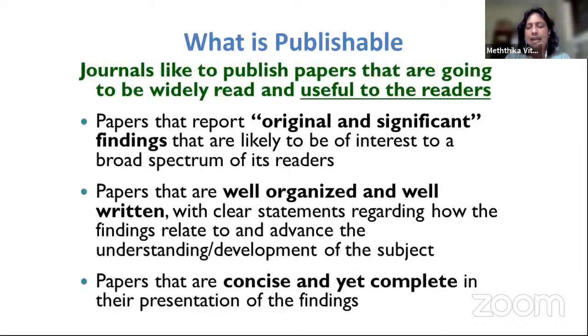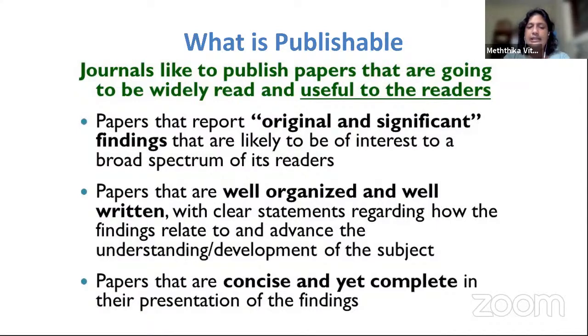Then let's see what is publishable. Nowadays, there are so many journals and so many publications coming up each year. All these journals are now trying to find good quality publications so that their impact will be high.